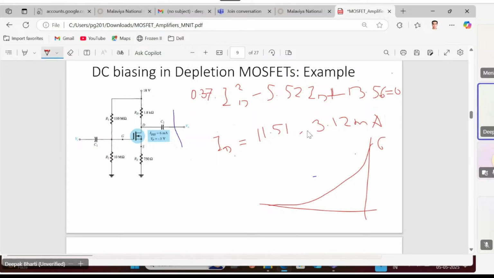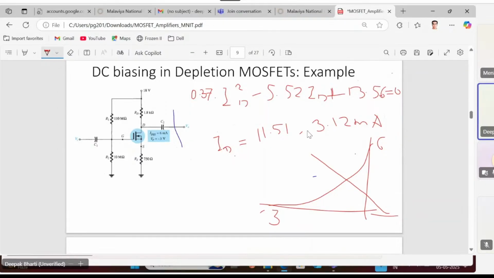IDSS was 6 and VP was minus 3, and the load line equation was 1.5 minus 0.75 ID.